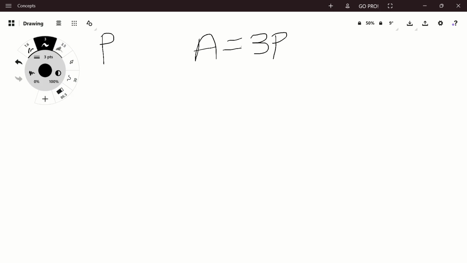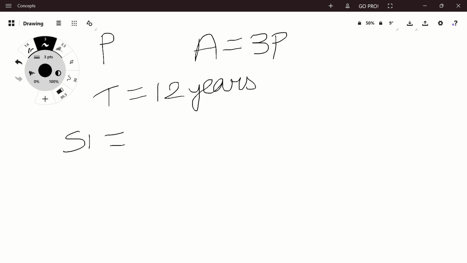And time is 12 years. The simple interest SI is given by amount minus principal, which is equal to 3P minus P, which is equal to 2P.